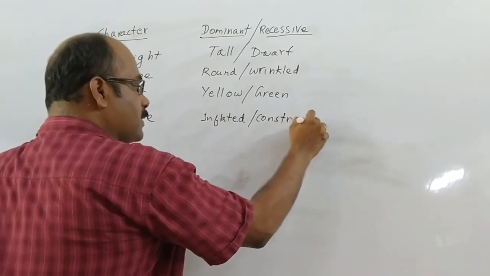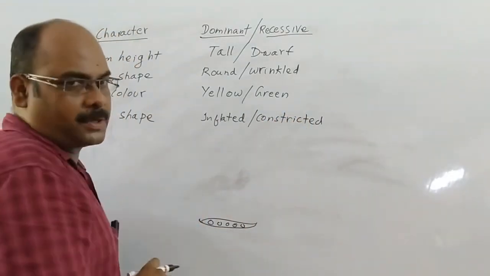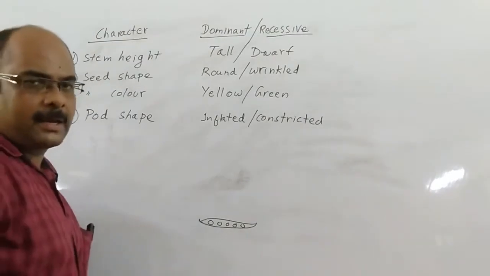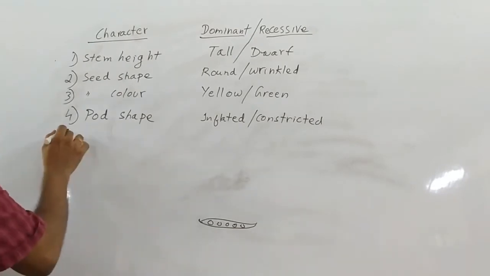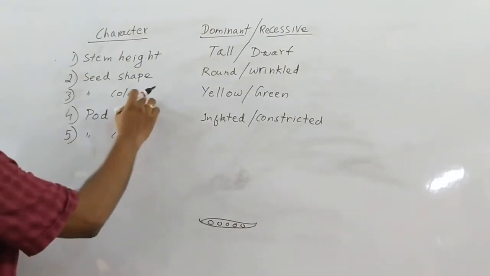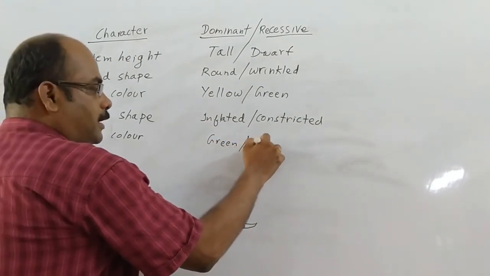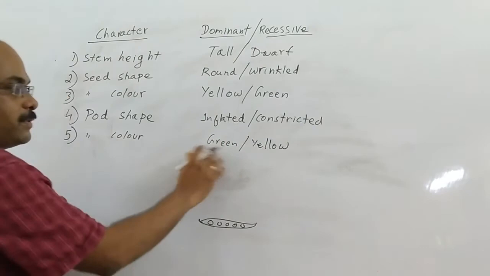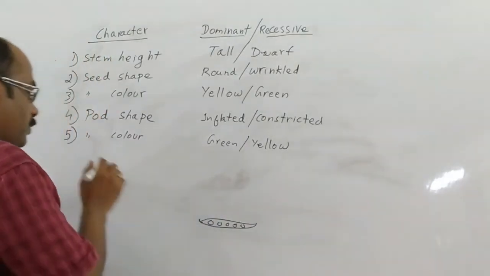In some books you will see full instead of inflated. So if it is inflated, you can take I, or if it is full, you can take F. Then the next one, pod color. It is just the opposite of this. Green is dominant and yellow is recessive, so you take capital G for green and small g for yellow.